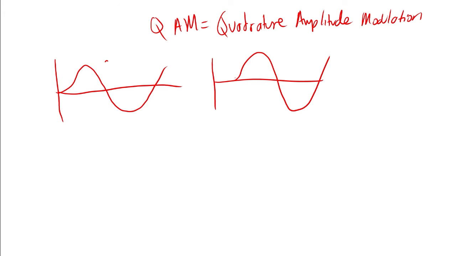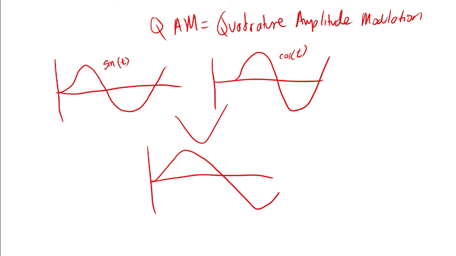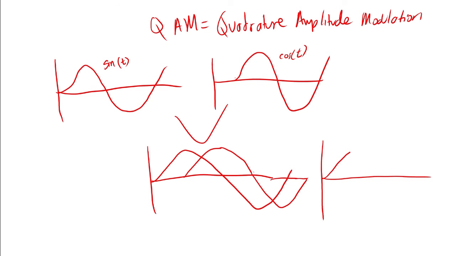So this is technically sine t, and this is cos t. And we can combine these two waves, so we end up with a sine wave and a cosine wave. When you add these up, you end up with a flat line here.